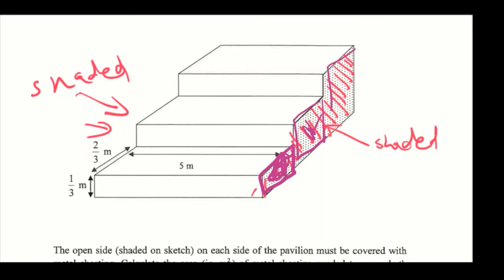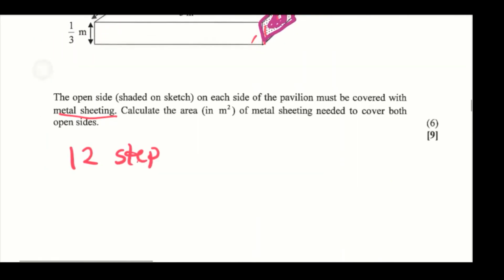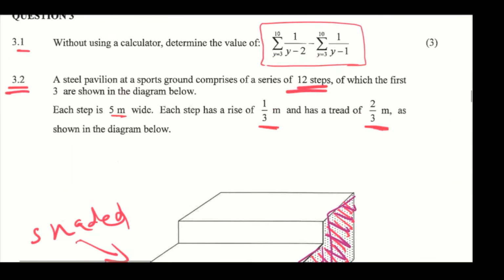This would be the third one, just like that. So we're having a total of 12 steps, right? And another thing is that the tread is 2/3, and the rise is 1/3, right?